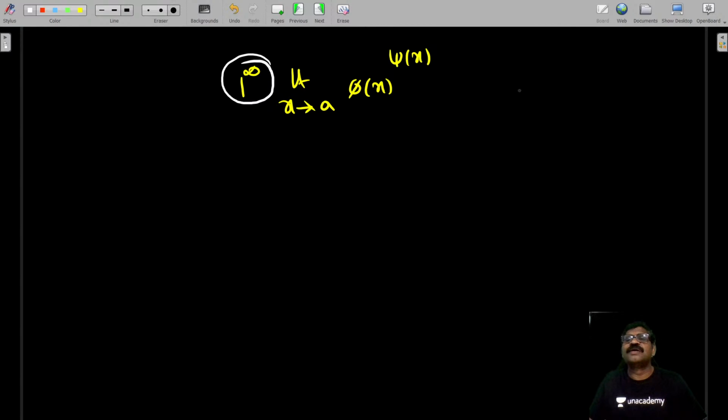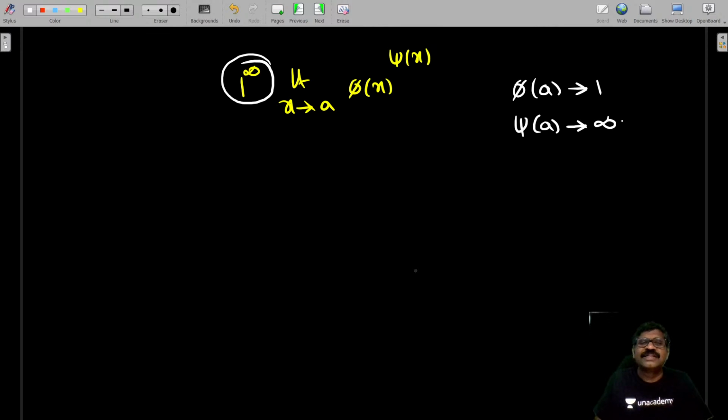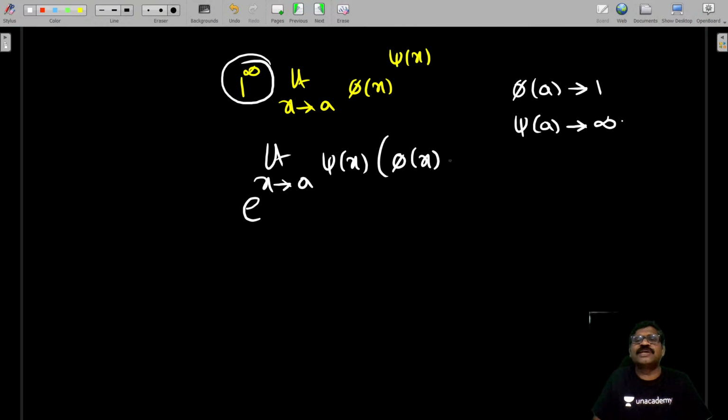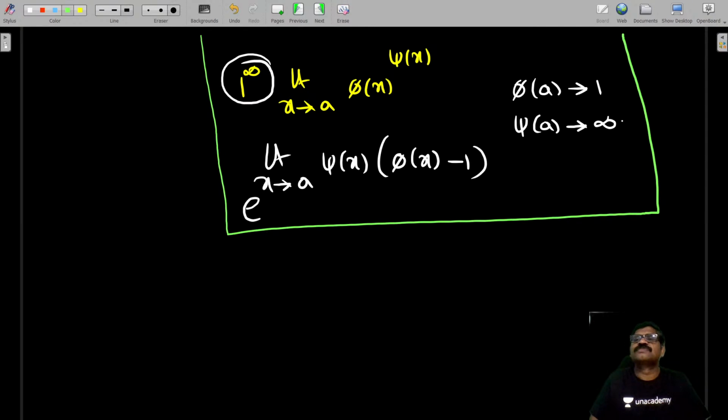Here phi of a is tending to 1, psi of a is tending to infinite. Then this limit can be written as e power limit x tends to a psi of x into phi of x minus 1. I am going to use this logic here.